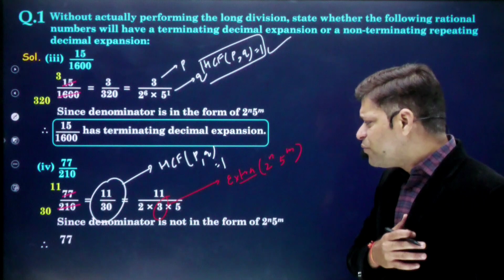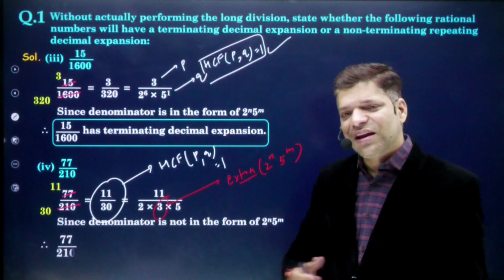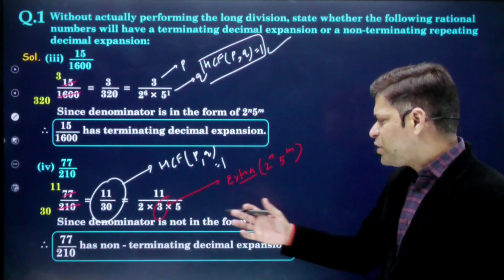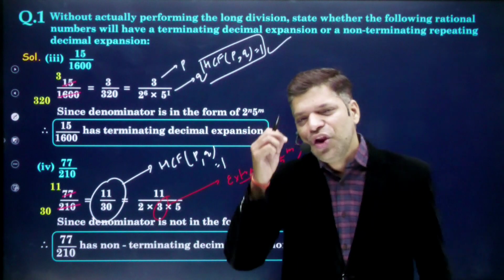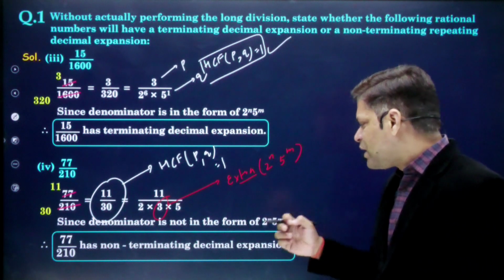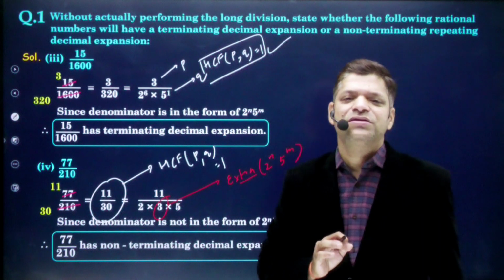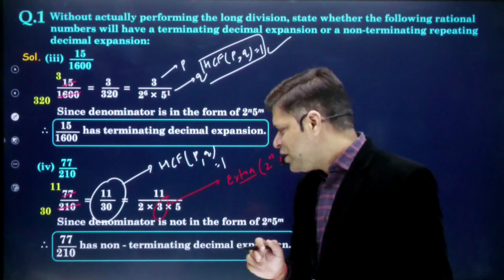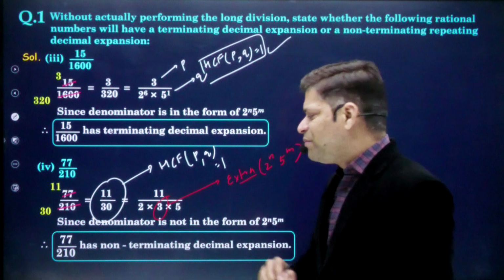So we can say that this rational number 77 over 210 has a non-terminating repeating decimal expansion.